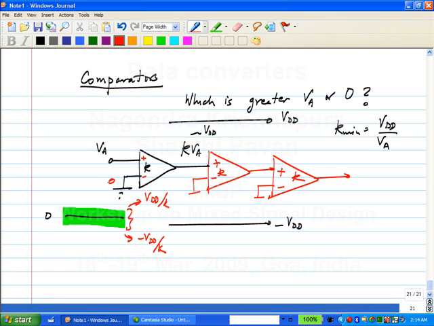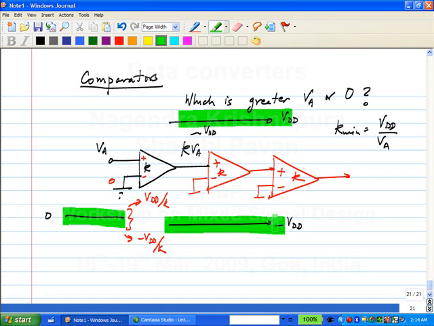And clearly any physical amplifier which is operating with rails VDD and minus VDD, the output can never be larger than VDD or smaller than minus VDD. So we don't have to worry about what happens when the input is very large. Does this mean that it will be K cube times whatever input it is? It will be K cube times the input only for a small range.